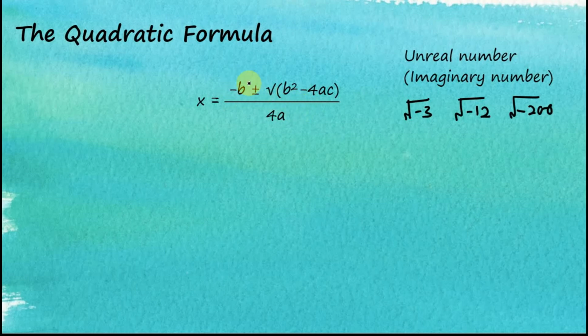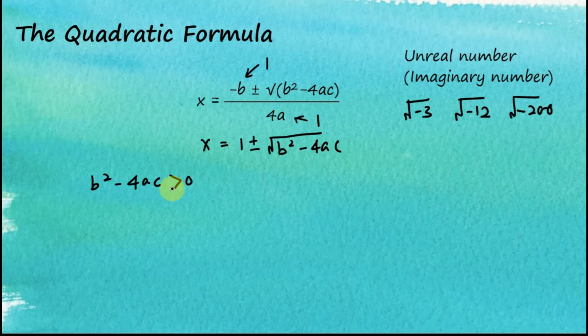To make it simple, let's assume that negative b is equal to 1, and 4a is also equal to 1, and therefore our x is equal to 1 plus minus square root of b squared minus 4ac. Now, let's say our b squared minus 4ac is greater than 0, for example, 4.